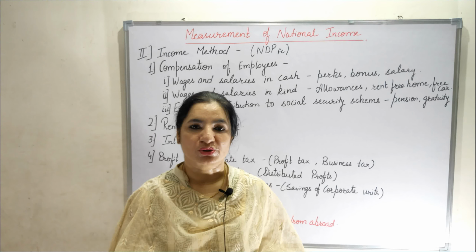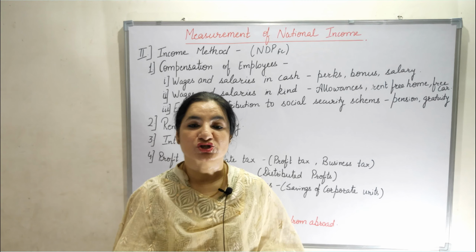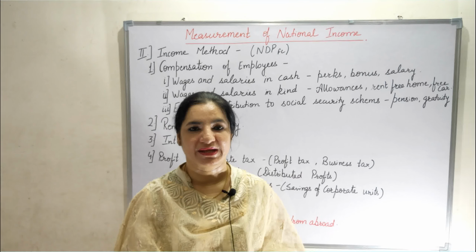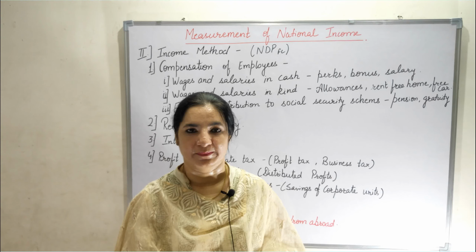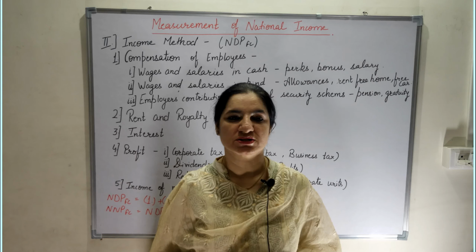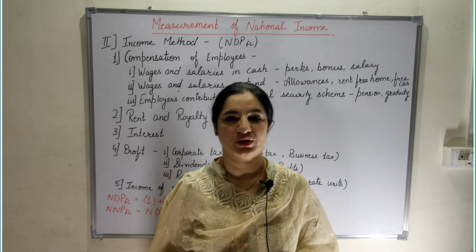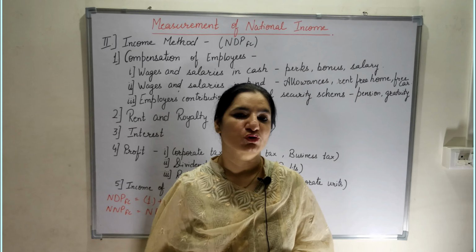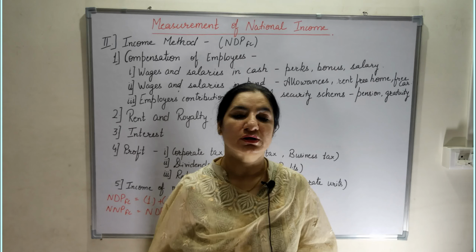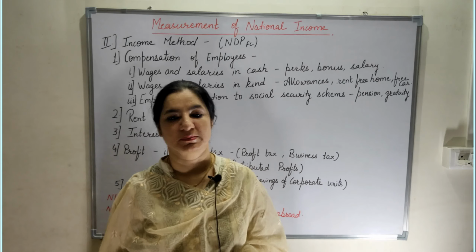Now there are a few important points which should be kept in mind, which should not be included while calculating national income by the income method. These are some of the precautions. First and foremost, we are not required to include transfer incomes at any time.